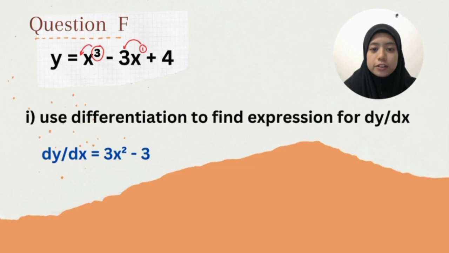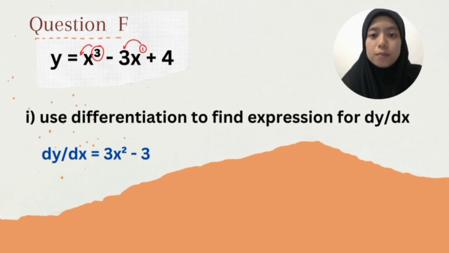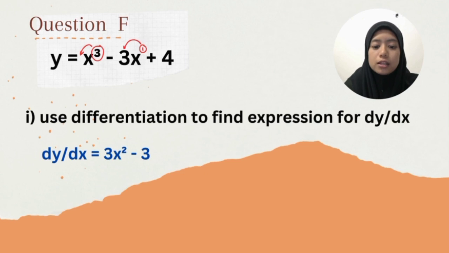To find the expression for dy over dx for this question, we write the symbols first, dy over dx. Then we take the power and multiply it with the number in front of x. For example, x to the power of 3 doesn't have a number in front of x, so we multiply it as 3x, then the power 3 minus 1 gives 2.